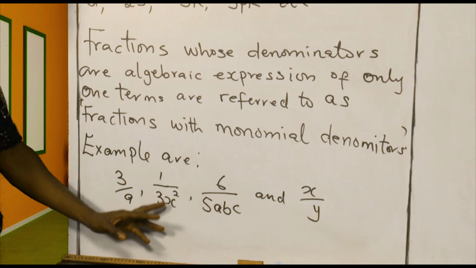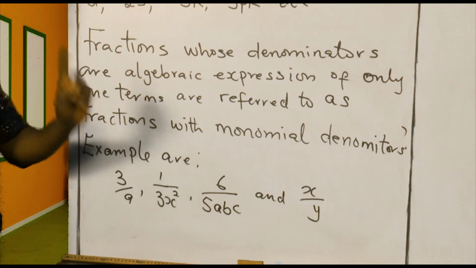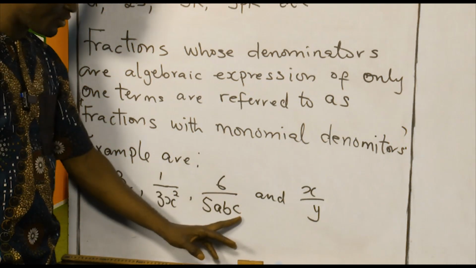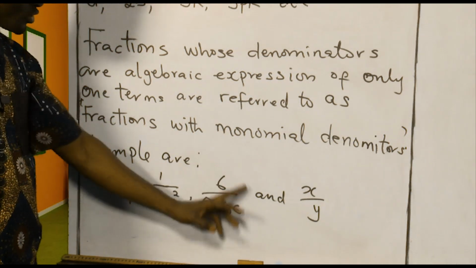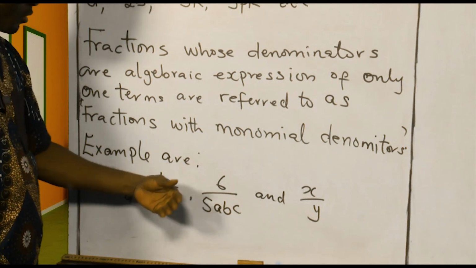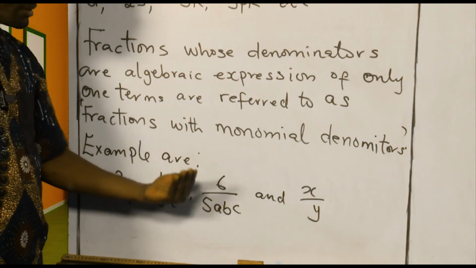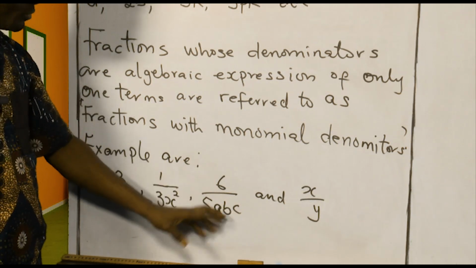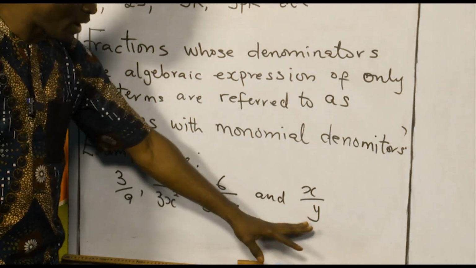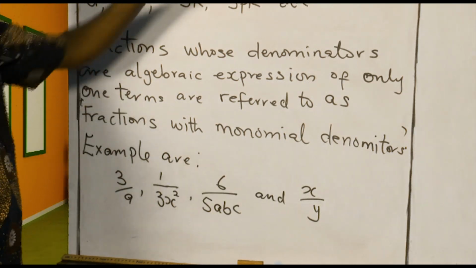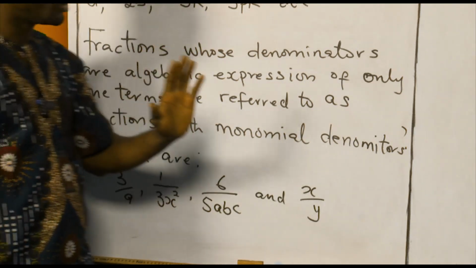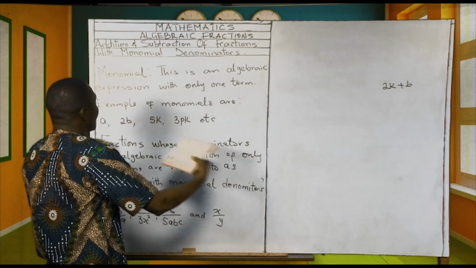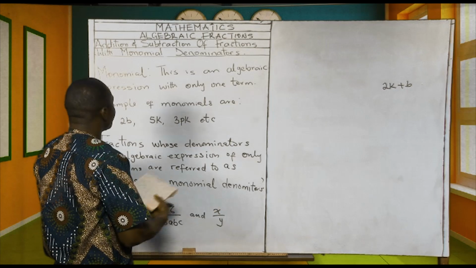It's a monomial, a denominator with a single term. 6 over 5abc is also a fraction with a monomial as the denominator. x over y is also an example of fractions with monomial denominators. Now let's see how we can add this type of fractions together.